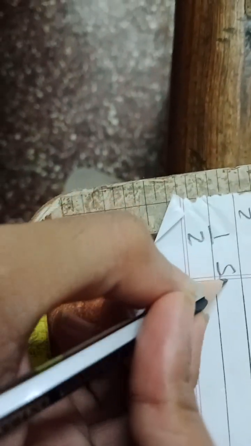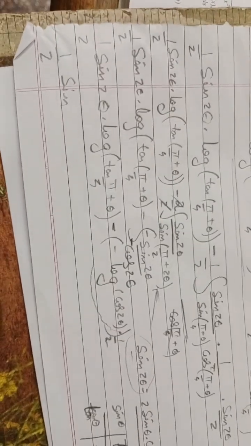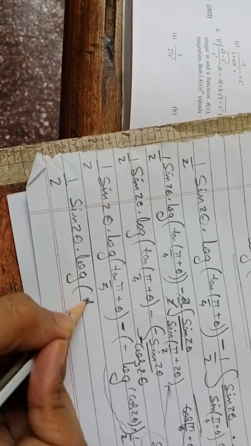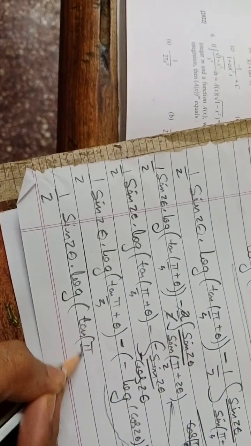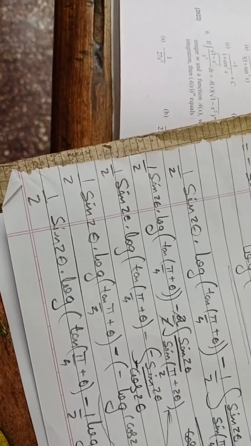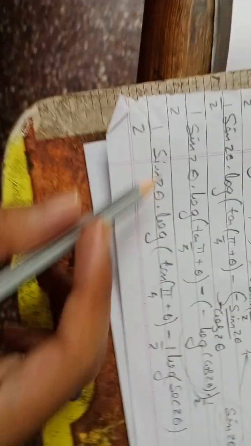So you can just write here 1 by 2 sine 2 theta dot log of tan of pi by 4 plus theta, minus 1 by 2 log of sec 2 theta, and here we go, we have the answer finally.